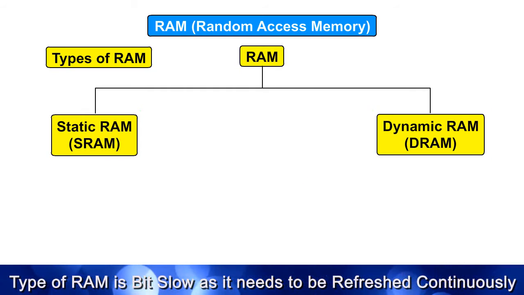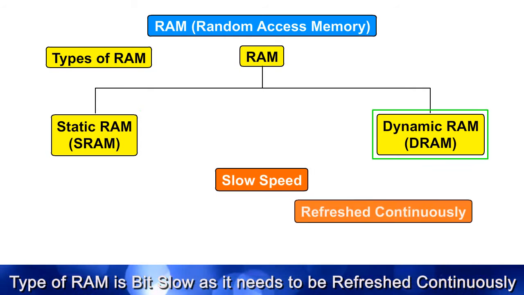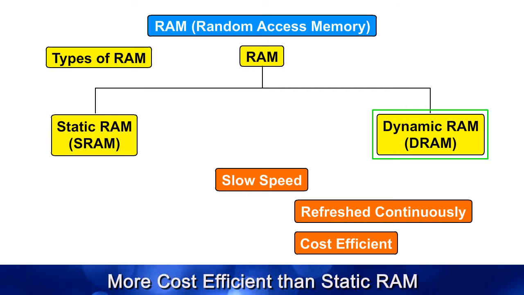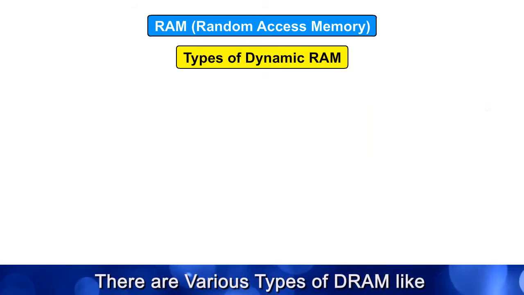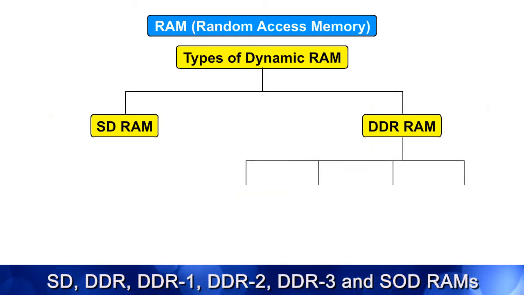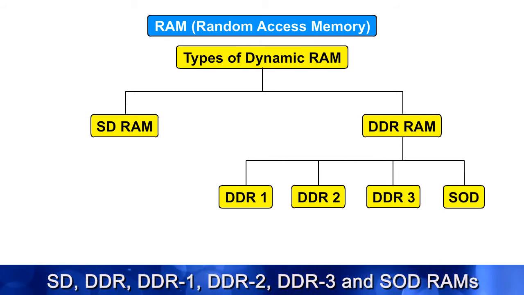Dynamic RAM. This type of RAM is a bit slow as it needs to be refreshed continuously, and is more cost efficient than static RAM. There are various types of DRAM like SD, DDR, DDR1, DDR2, DDR3 and SODIMM RAMs.